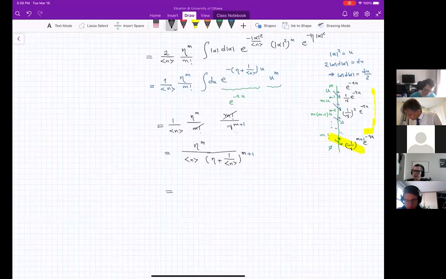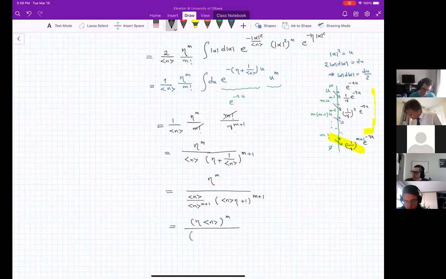That will be eta power of m, that will be n divided by n power of m plus 1, then I have n eta plus 1 power of m plus 1. Let's simplify this. That will be eta n power of m divided by 1 plus eta n power of m plus 1.